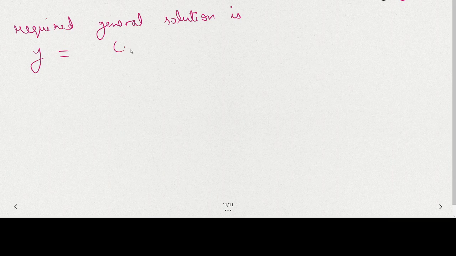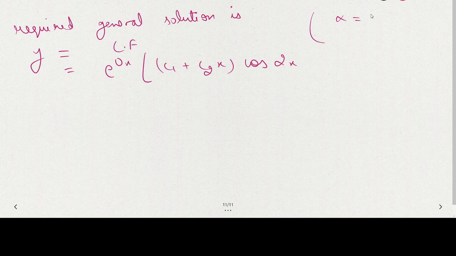In that we have alpha = 0 and beta = 2 in the form alpha ± i beta.